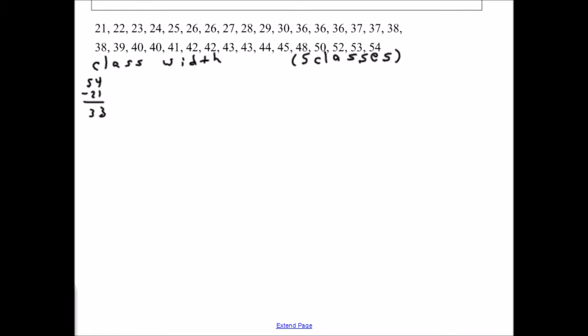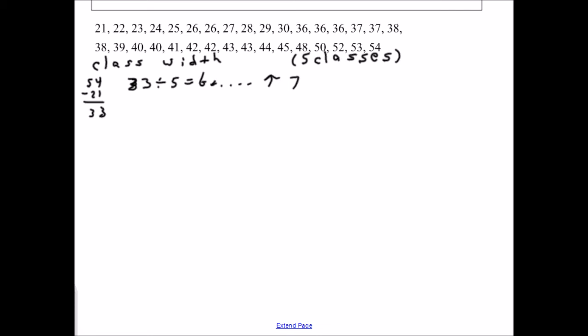Just depends. So to find that class width, we take our 33 divided by 5, which is 6 point, and I don't care 6 point what. I round that up to a 7. So it doesn't matter if it's 6.0, you still round it up to a 7. So there's our class width.